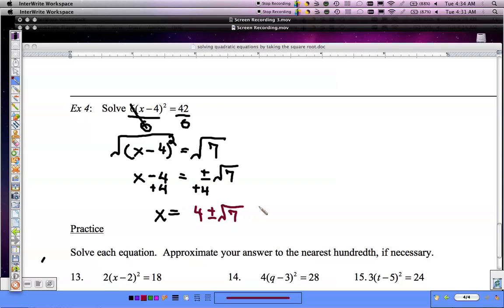That is a short way to write it. However, we can also write approximate solutions, which means we would need to evaluate the square root of 7 in our calculator and then simplify. This is an exact solution, 4 plus the square root of 7, which is equivalent to about 6.65.